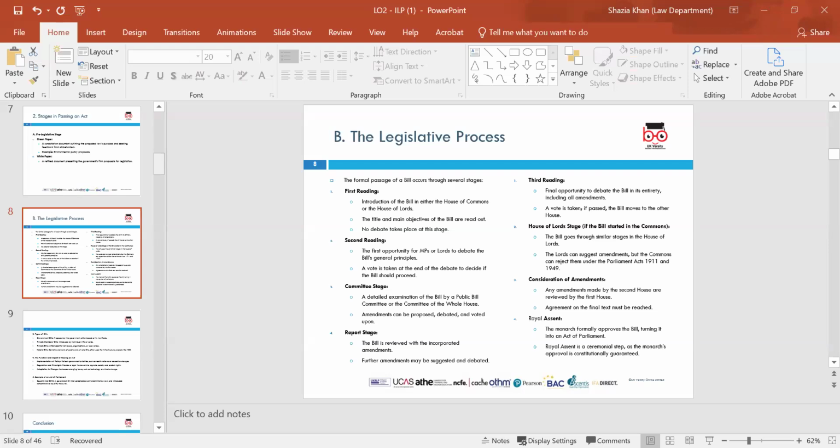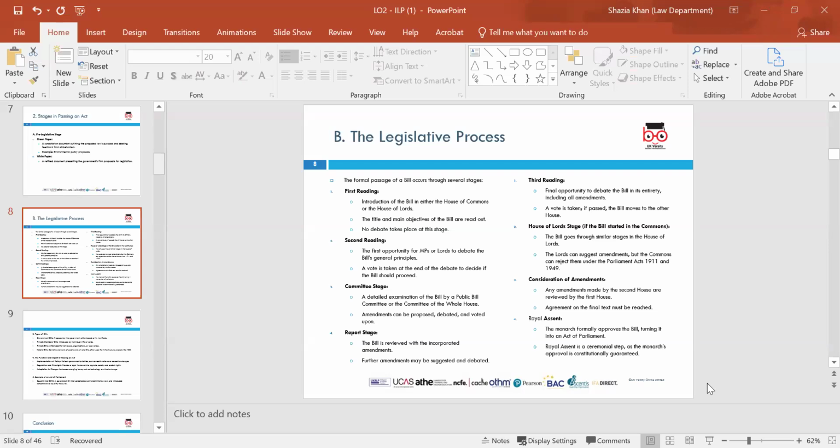The bill then returns to the second House for it to consider any changes the first House has made. This process is known as ping pong, continuing until the Houses are in agreement. If a deadlock is reached, then the bill fails.